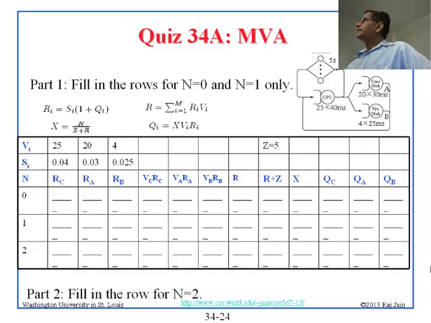What is Vi, these numbers are given, the digit numbers are given here. And Z is 5, and N you have to vary from 0 through whatever, right? So first write down for 0 users, fill in the blanks. For 0 users, you should be able to fill in the blanks. Once you know the 0 users, then fill in for 1 user.